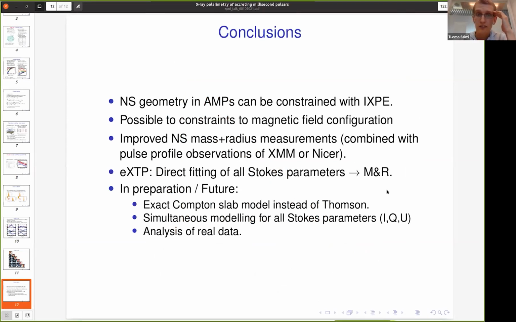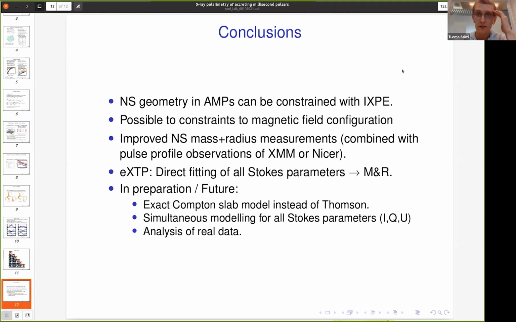So neutron star geometry can definitely be constrained even using IXPE, and it's also possible to constrain the magnetic field geometry, and it should be used together with the normal pulse profile modeling, for example, using X-PSI. But with eXTP, the cool thing is that it can observe everything.